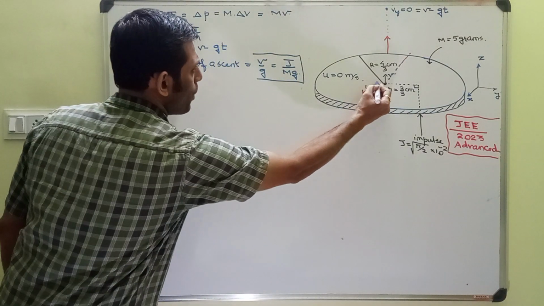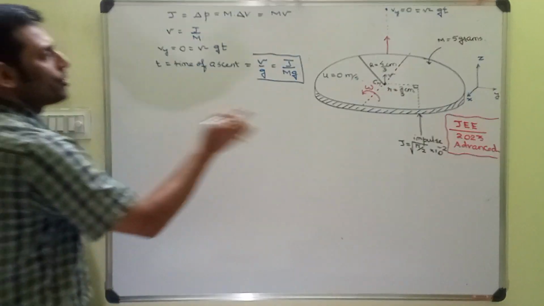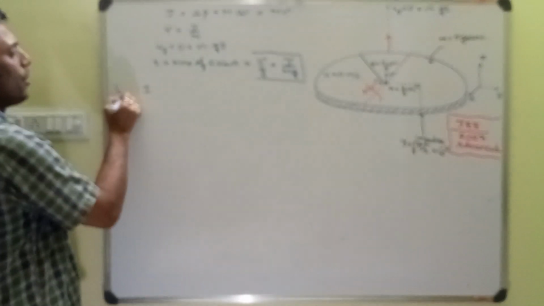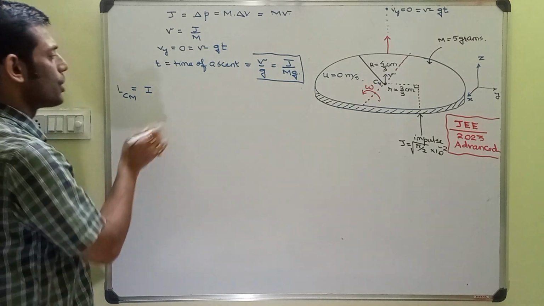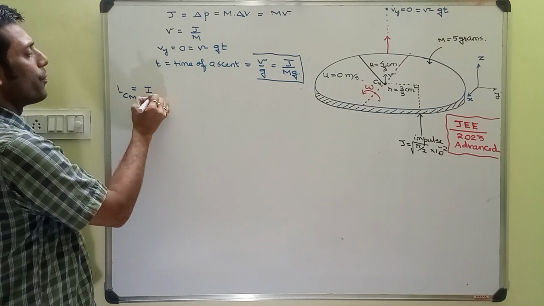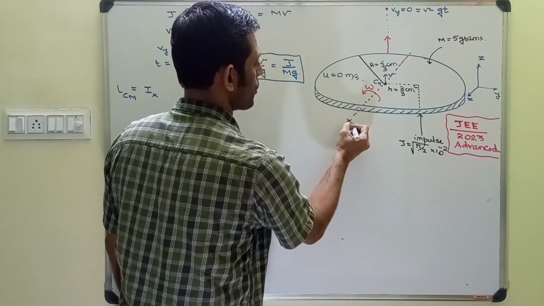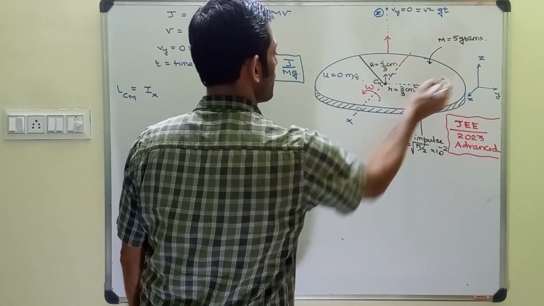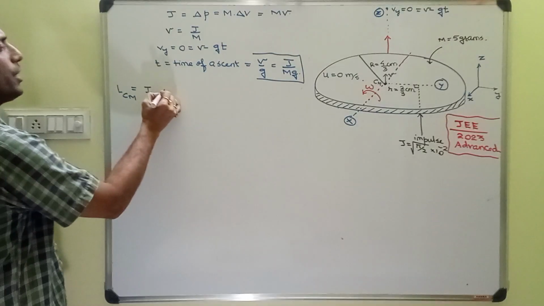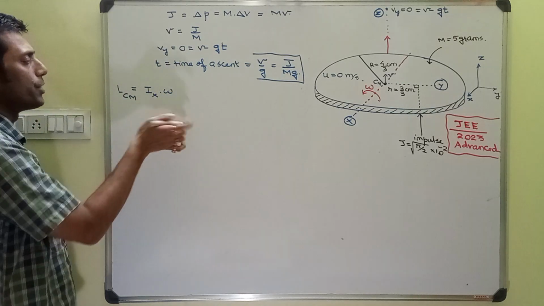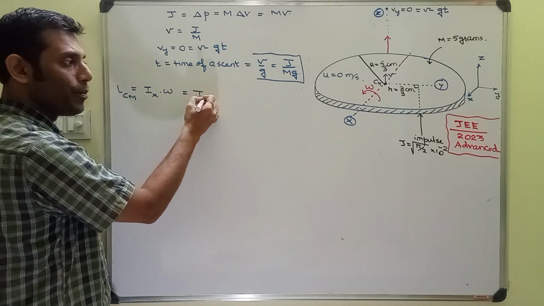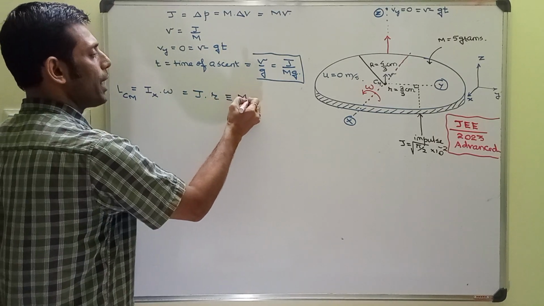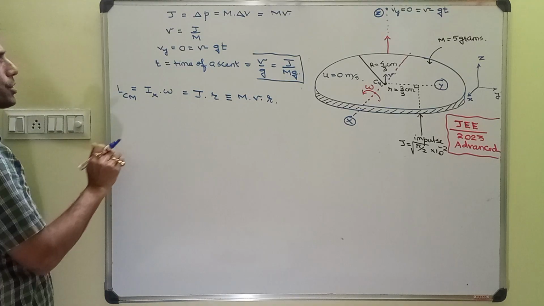Therefore, about the center of mass, the angular momentum about the center of mass is equal to, let's say, I of x, this is the direction of x, this is the direction of y, and this is the direction of z. Let these be the directions, and therefore I of x into omega, the angular velocity, is equal to the J value into small r. And why J value? Because that is equal to m into v into r. So therefore this provides us omega.